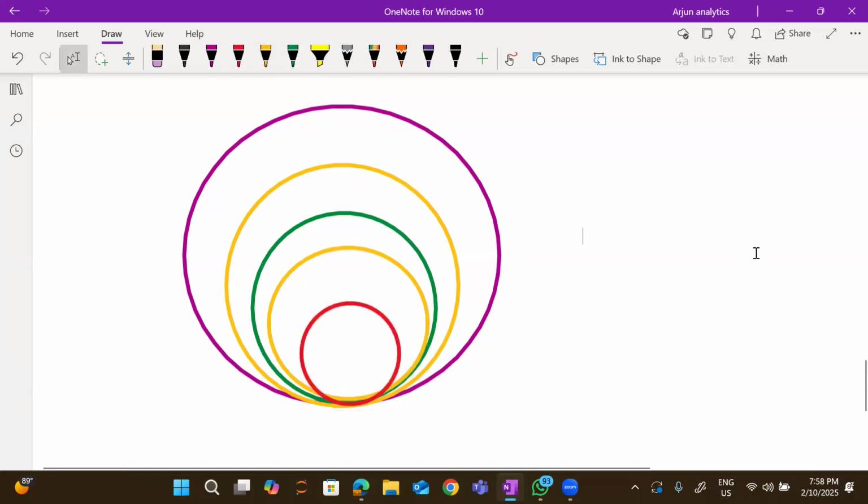So this one is my AI. This is my machine learning. This is my deep learning. This is my Gen AI. And this is my agentic AI.